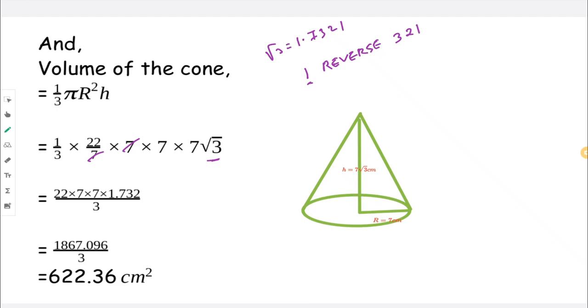I is 1, reverse is 7, the 7th alphabet: 1 2 3 4 5 6 and 7. A shortcut, instead of doing this long cutting to try to find a root. So 1.732. Now when you multiply all this, we get 1867.096 divided by 3, and when you divide it, we get the volume of the cone to be equal to 622.36 centimeter cube.